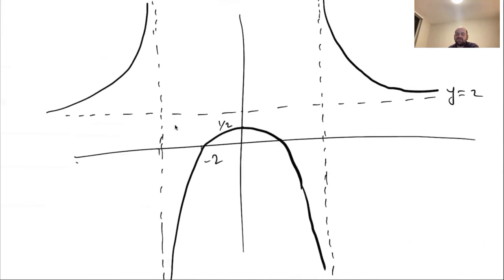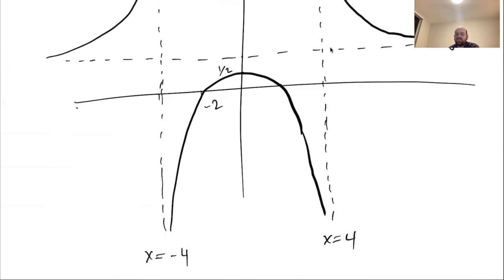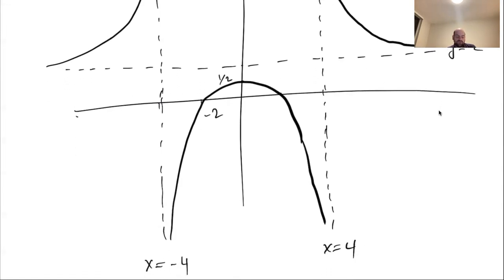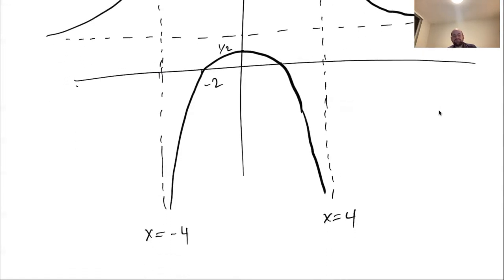The function is increasing before -4, and between -4 and 0, at 0 there is a local maximum, and then it is decreasing between 0 and 4, and also decreasing after 4. This is how we sketch the graph of this rational function.